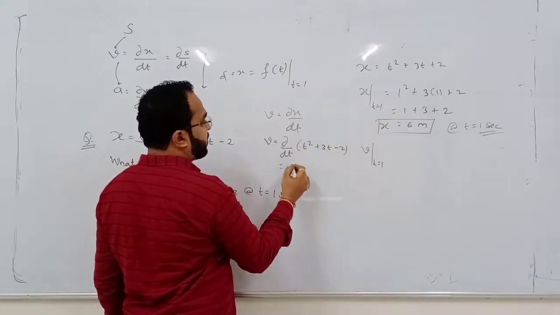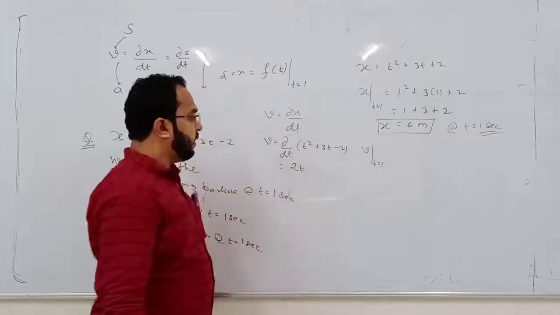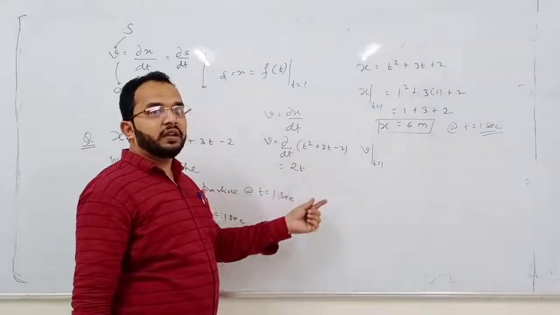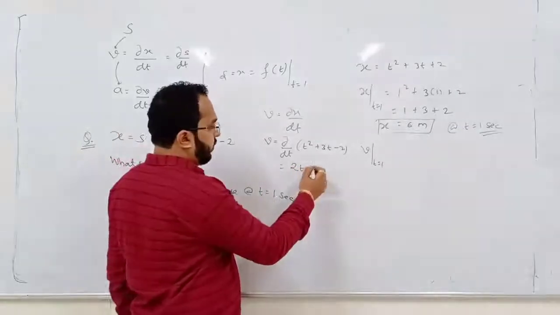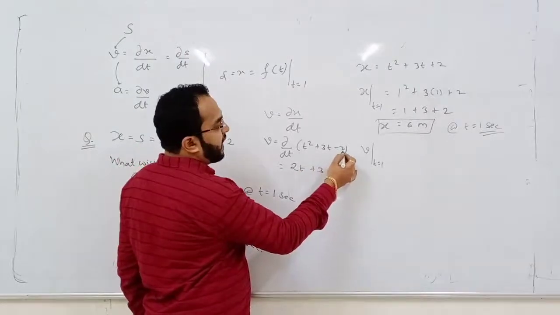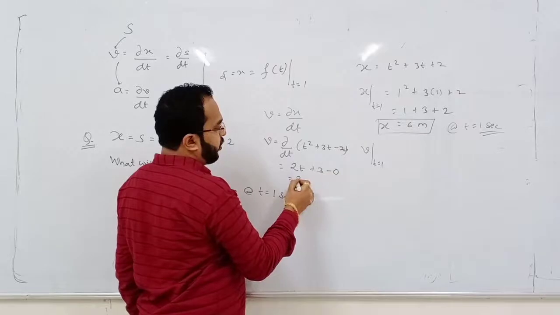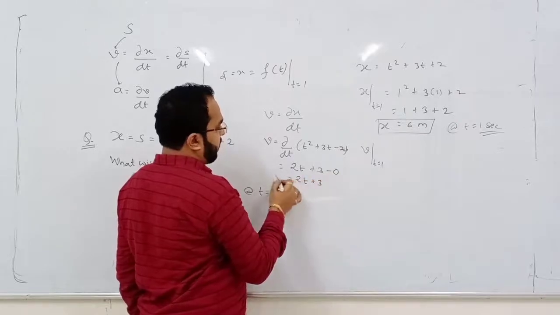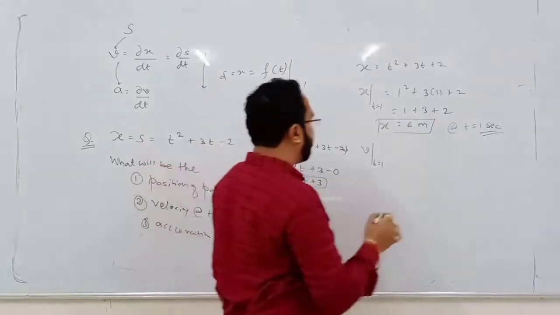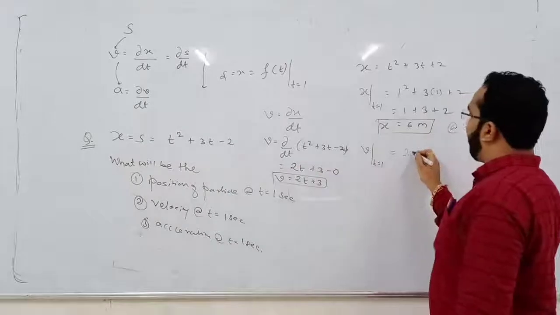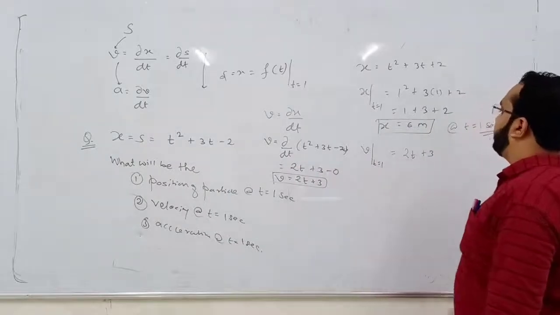The differentiation of t square is 2t, the differentiation of 3t is 3, and the differentiation of the constant is 0. So the velocity will be 2t plus 3.